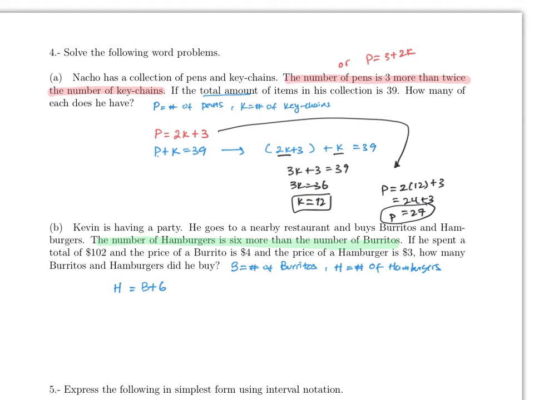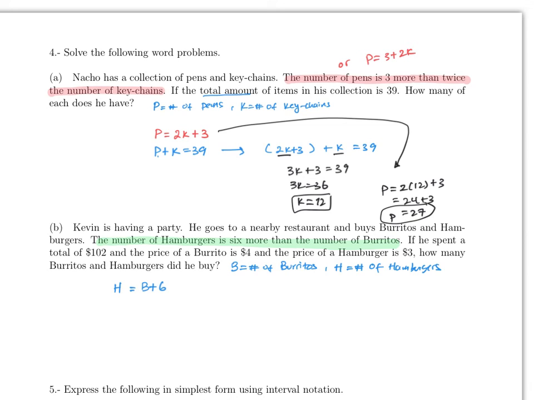Then he says, if he spent a total of $102 and the price for a burrito is 4 and the price for a hamburger is 3, how many burritos and how many hamburgers did he buy? So essentially it's asking you to find again H, which is what I told you anyways. Now, if the total is 102, how do you get to the total?